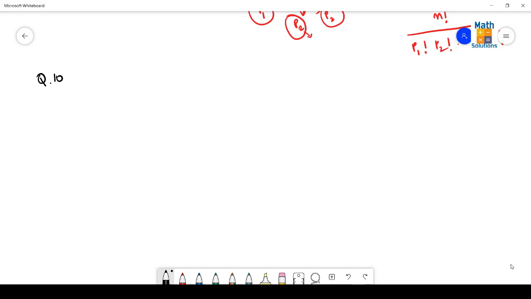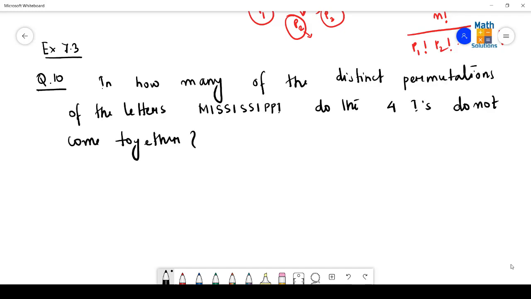Actually I am starting with question number 10 of exercise 7.3 of the NCERT maths book. So this is question number 10 of exercise 7.3. In this question we are asked to find out how many distinct permutations of the letters of the word Mississippi there are in which all the four I's do not come together.